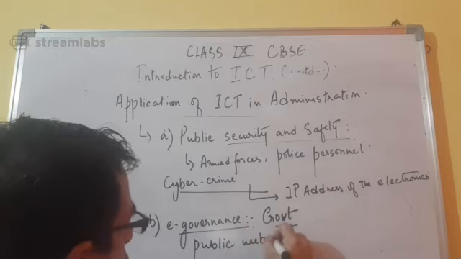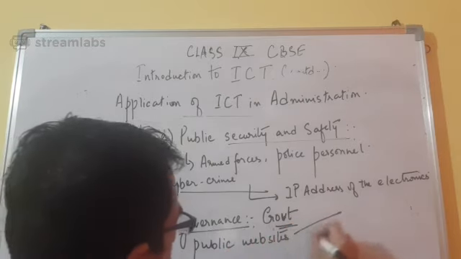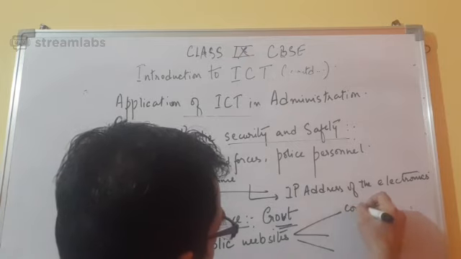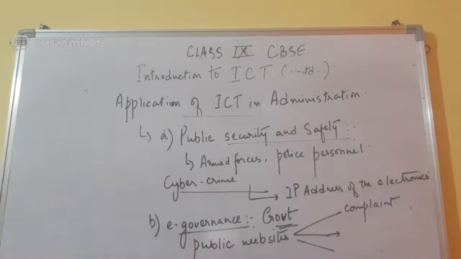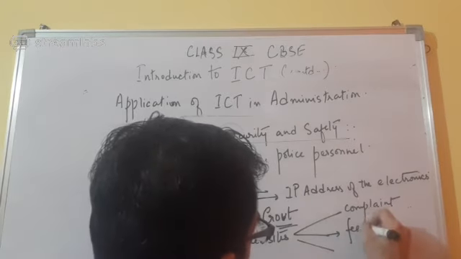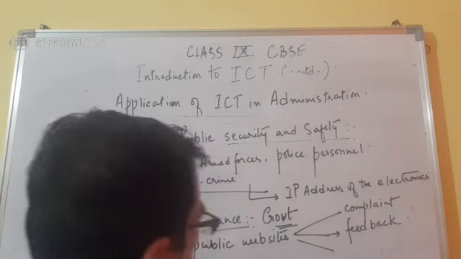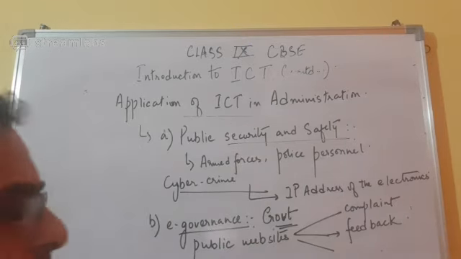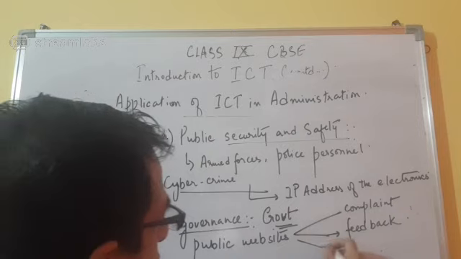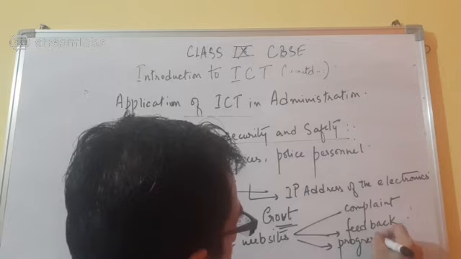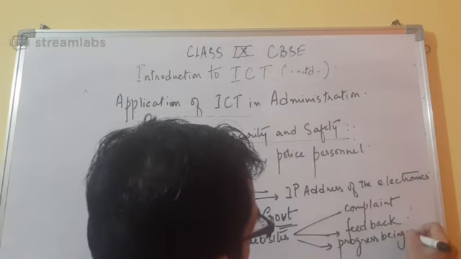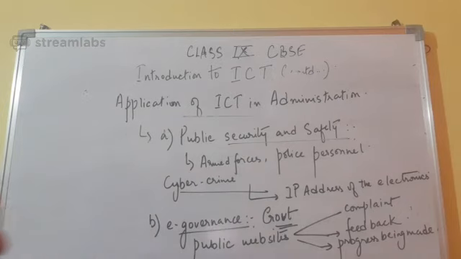Government websites have been created where one can post their complaint, get the feedback, and check the actual situation, that is, what progress is being made. So all these things are part of e-governance.